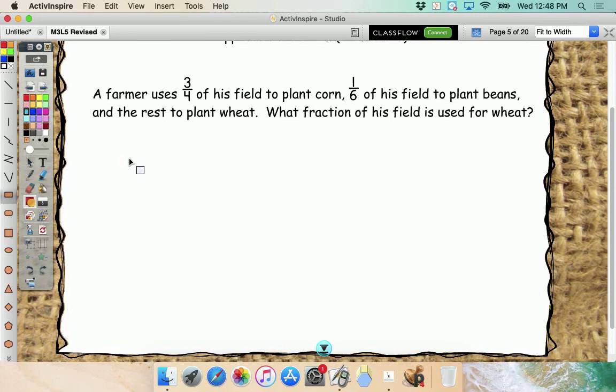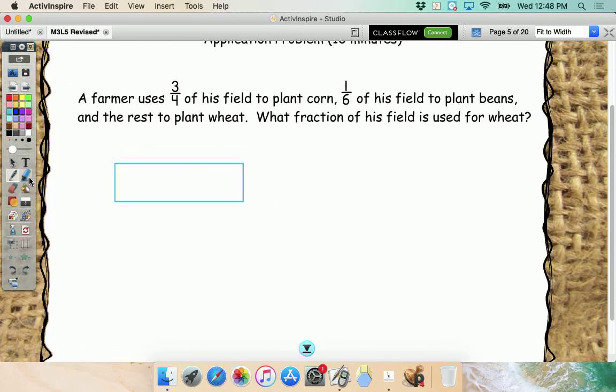So I want to start with a tape diagram like we just did. It doesn't have to be huge because you're going to need room to write a problem, okay? And how many different types of crops are we talking about here? 3, okay. So put it in the corner, corn, beans, and wheat.